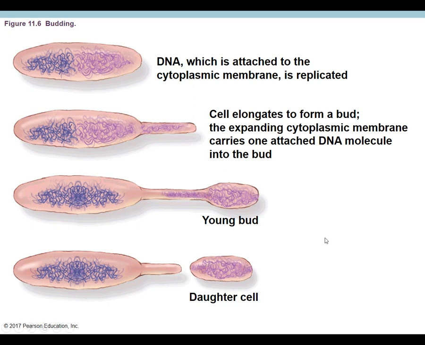So budding's a little different, but you still get two, and this daughter cell will increase in size eventually to become as large as the other. So it's again just another version of cell division that some bacteria do, but binary fission is by far the most common.